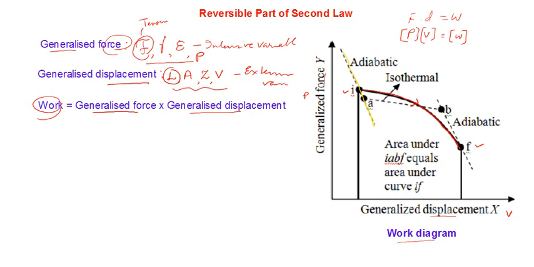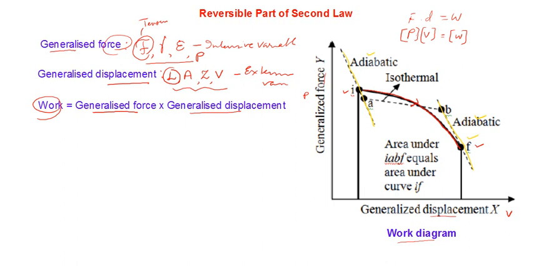Similarly, you can see another dashed line here which passes through the final state. Let these two dashed lines represent two adiabatic processes, sharing the initial and final points. So let these dashed lines represent two adiabatic processes, right?